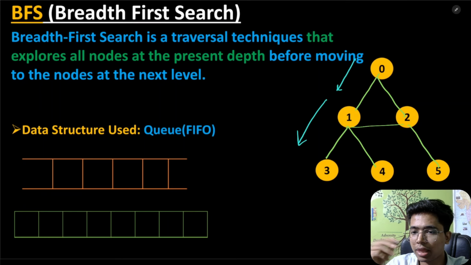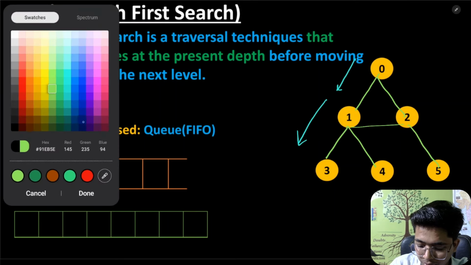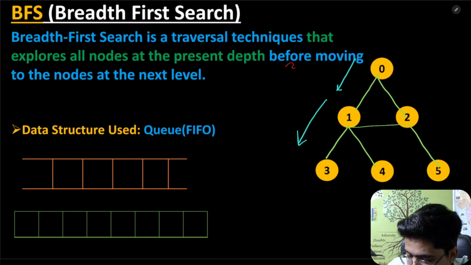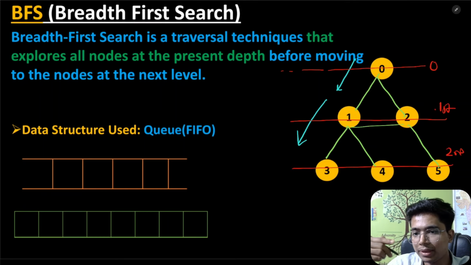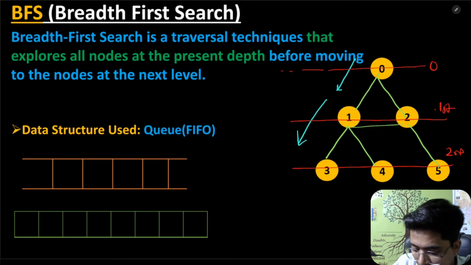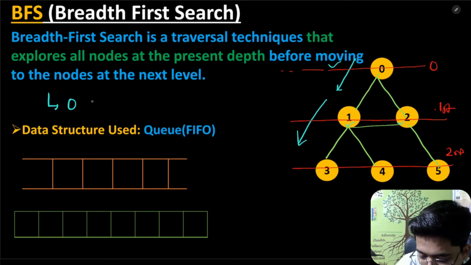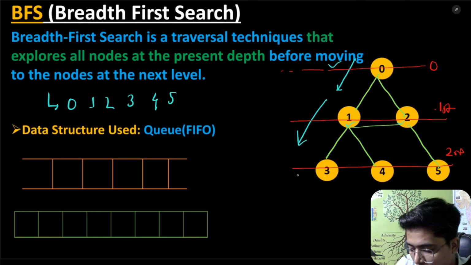But when we traverse level by level, zeroth level, then the first level, and then the second level, the output is like this: 0 first, then the first level, that is 1 and 2, and then 3, 4, 5 of the next level.